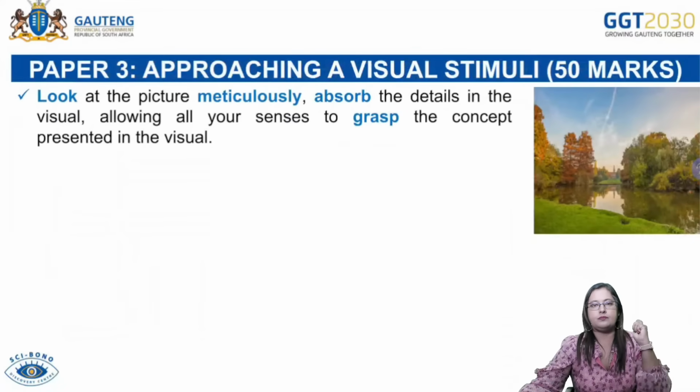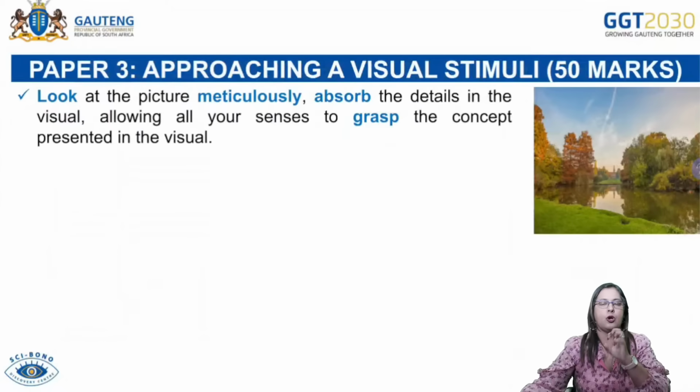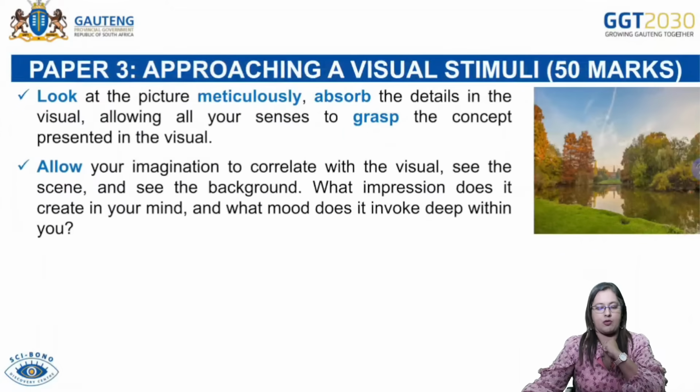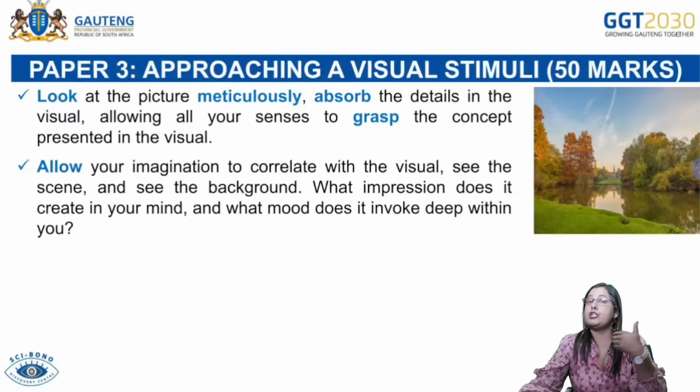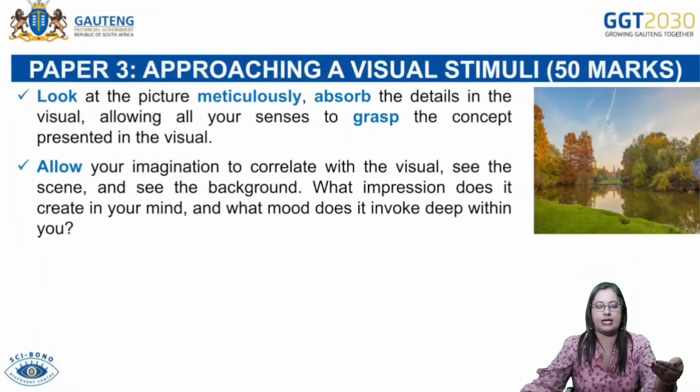Make sure that you're able to absorb all the details in that particular visual and that certain of the senses have been captured through your writing. So allow your imagination, grade 12s, to correlate with the image that is given to you. Visualize the scene or possibilities of what can happen within that scene.